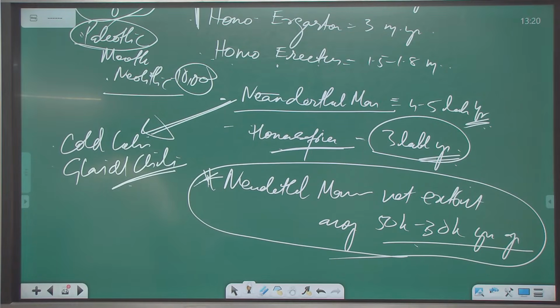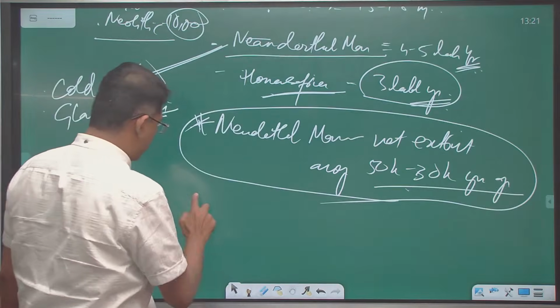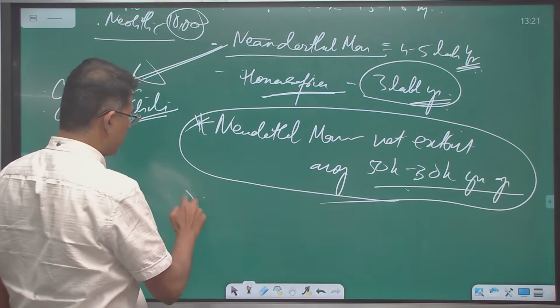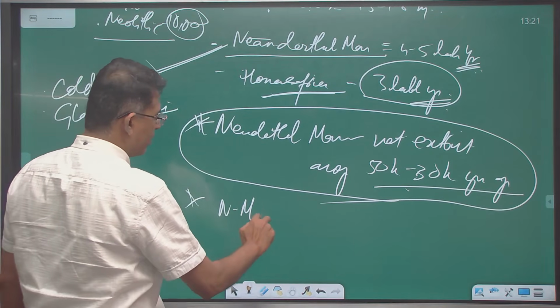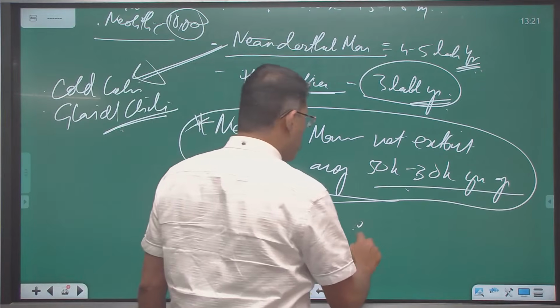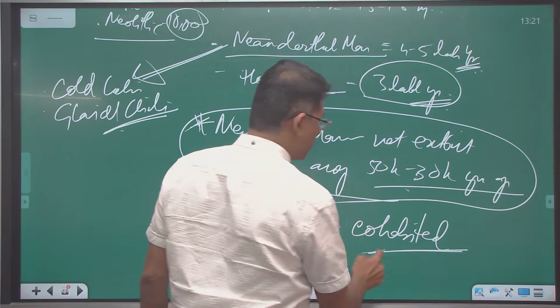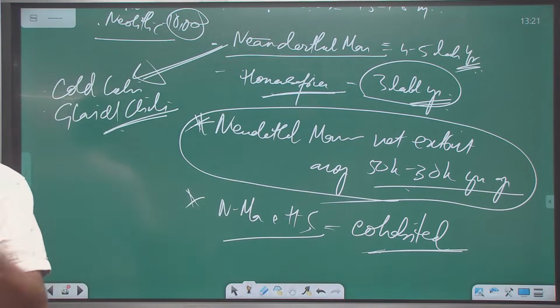Okay. So Neanderthal man and Homo sapiens, one more fact. Another fact, Neanderthal man and Homo sapiens, they cohabited. Okay, they must have mated.